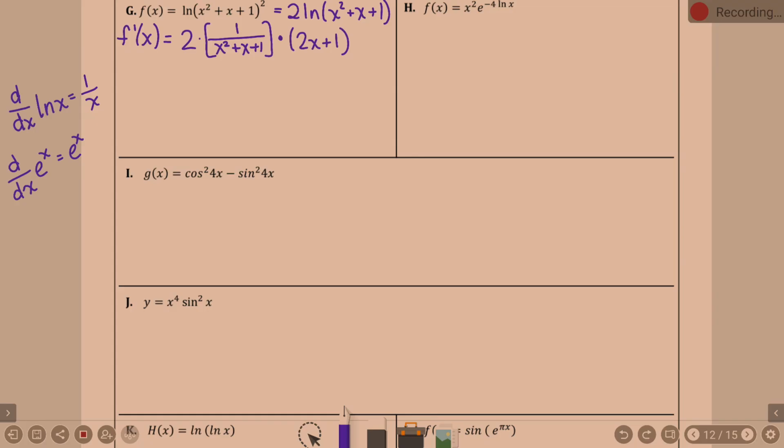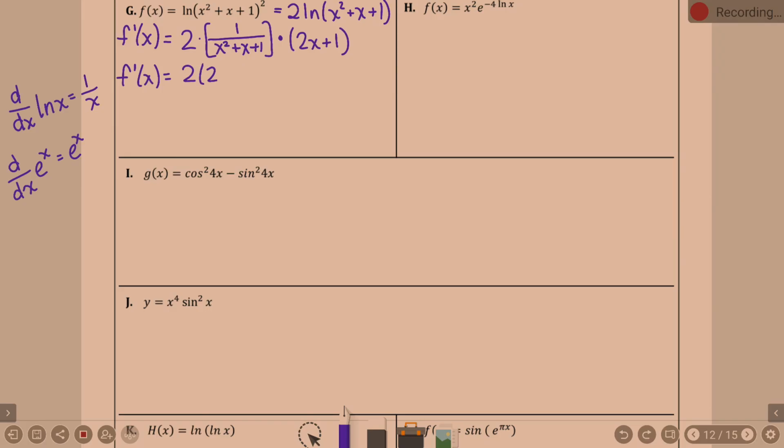So, in order to write this, one option, I mean, technically, this 2 could stay out front, or, I don't know if log derivatives are coming back to you at all, but when we did the derivative of natural log of something like this, we had 1 over x, we would put that 2 on top. So we could put that 2 on top. We could also put that 2x plus 1 on top. 4x plus 2, x squared plus x plus 1.